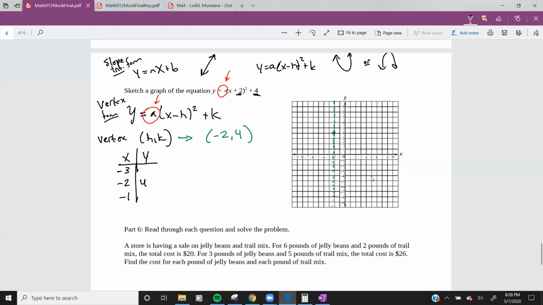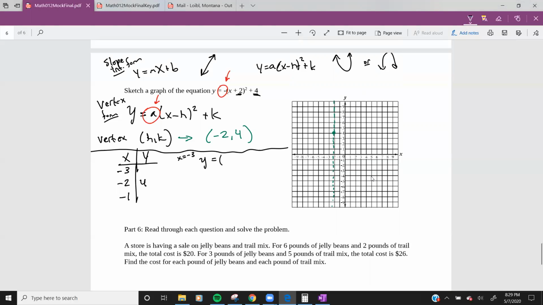Whatever -3 and -1 give you for the outputs will basically show you the outline of the parabola. So let's figure out what that is. I'm going to look at x equal to -3.